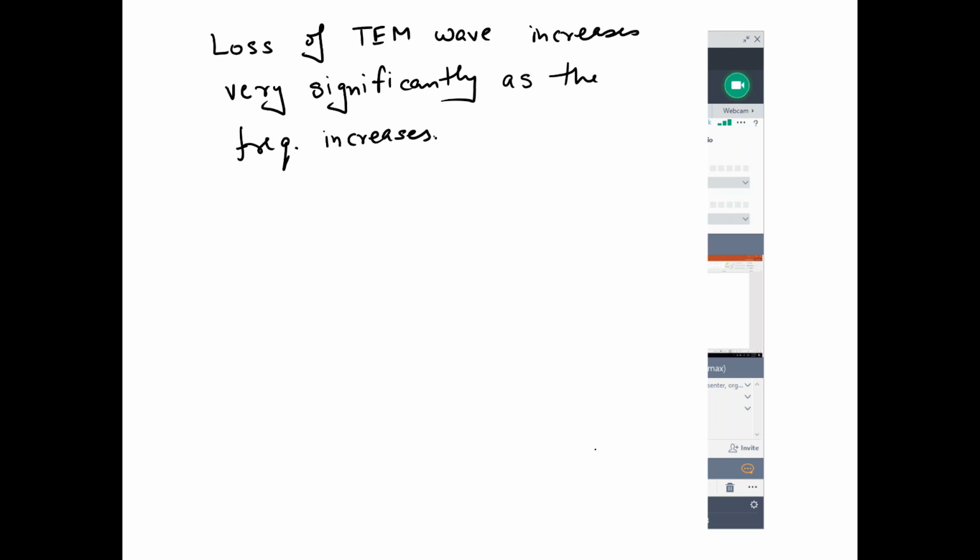As you go to higher and higher frequencies, the loss which is created in the TEM wave becomes very, very large. And thus the power transmission through these transmission lines becomes very, very poor.